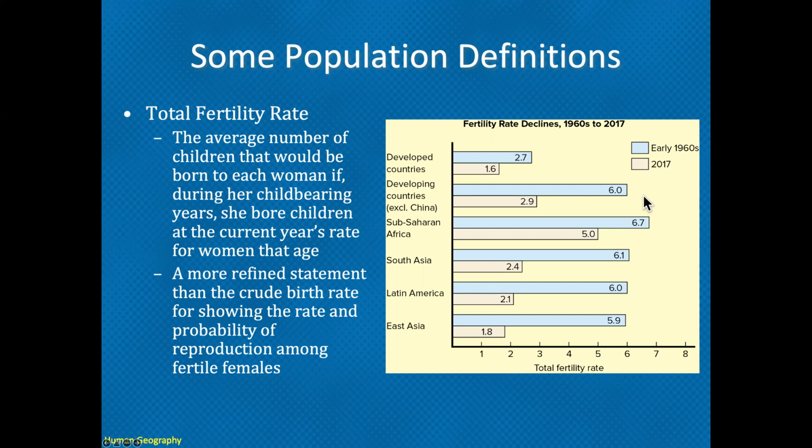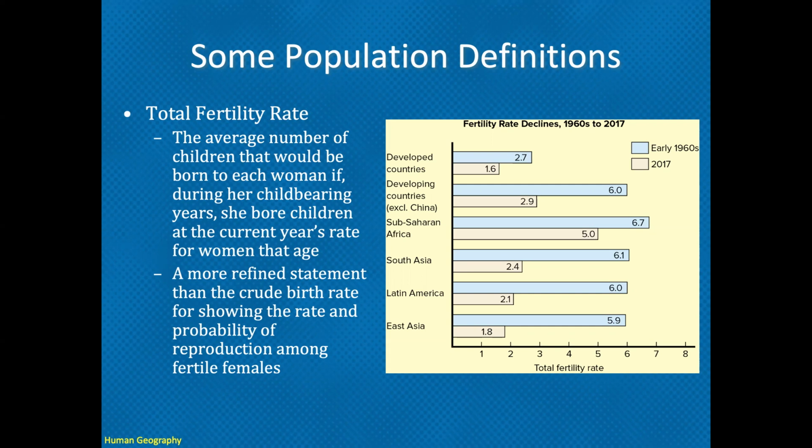And everyone is dropping. That's the basic trend that you need to get out of this. Everyone is dropping. Even sub-Saharan African countries are beginning to slow down in their population growth.